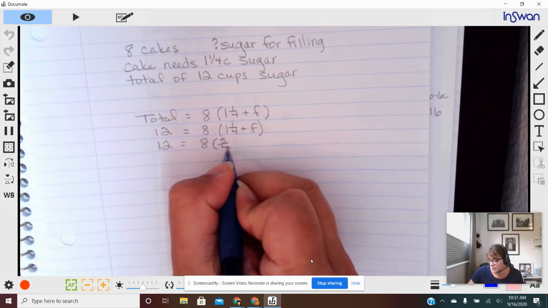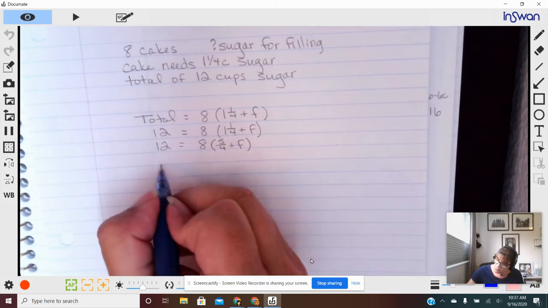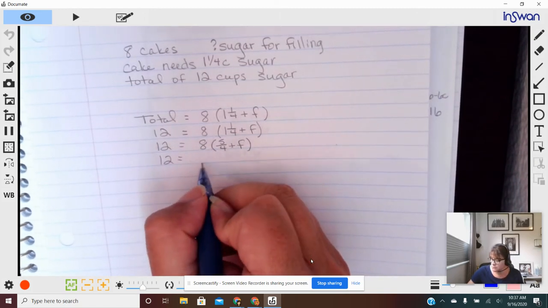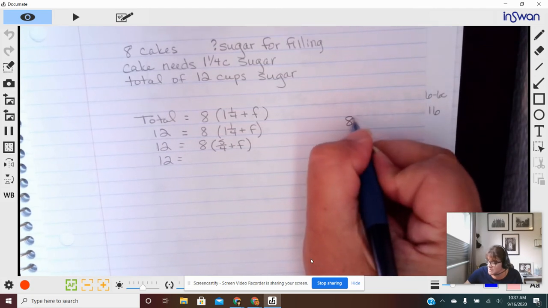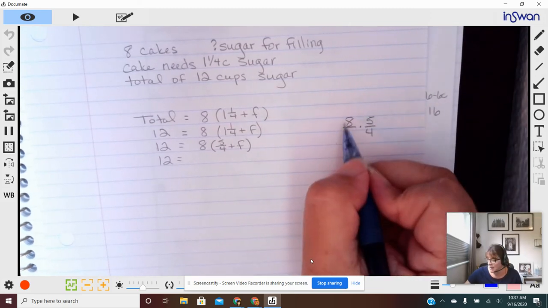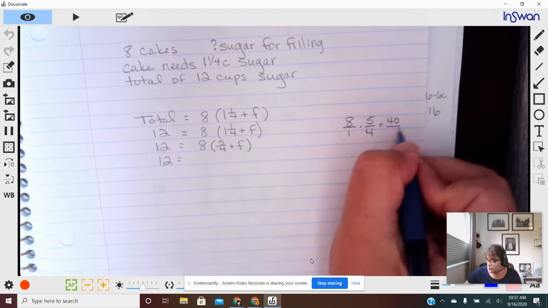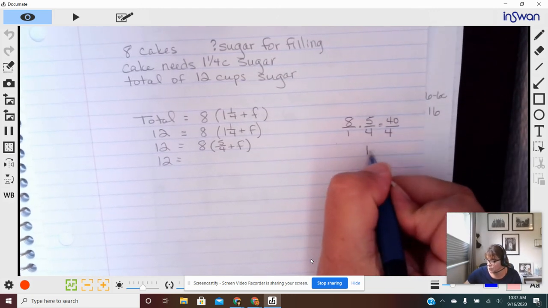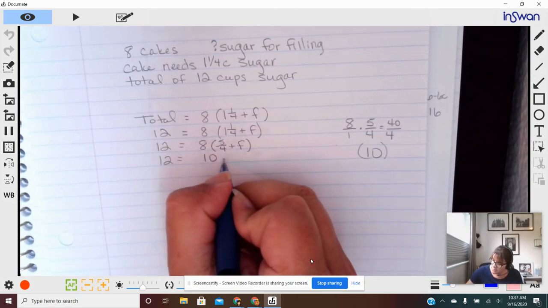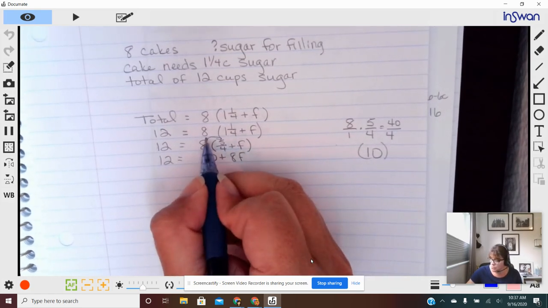They're a lot easier to deal with. Well, what's 8 times 5/4? Go over on the side and do the multiplication. 8 times 5/4 is 40/4 or 10. So now we have that 12 equals 10 plus 8F, because this had to be distributed.